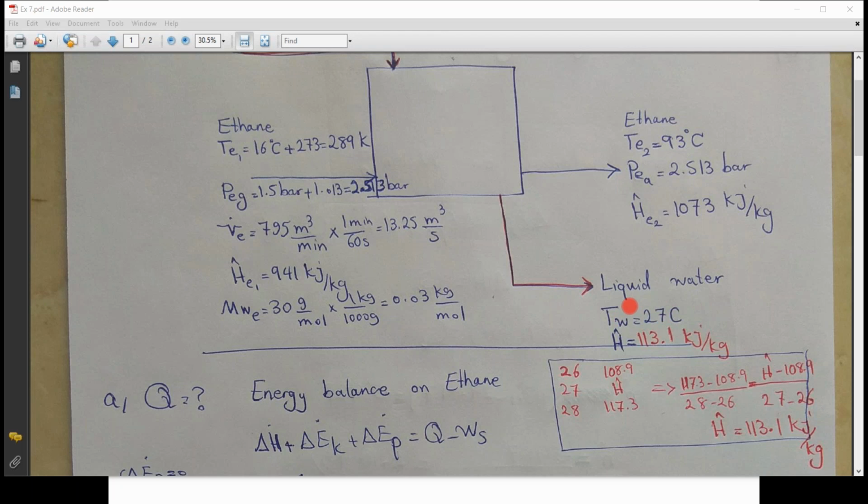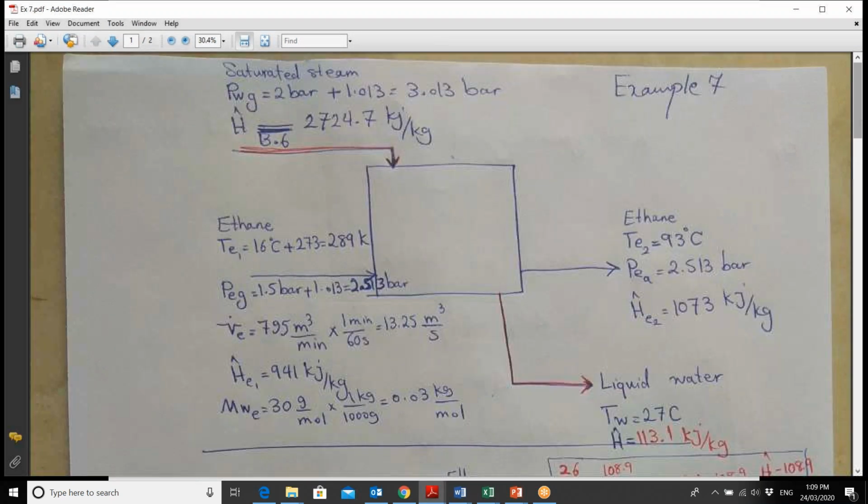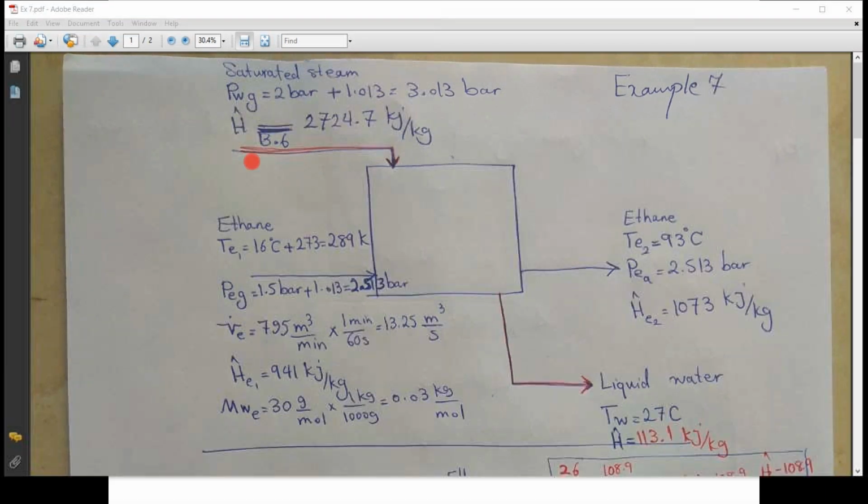So this is all the information I extracted from the problem and from the steam table. I want you to pause for a while. Be sure that you can read and calculate the specific enthalpy of the water at this temperature and the specific enthalpy of the saturated steam at this absolute pressure.